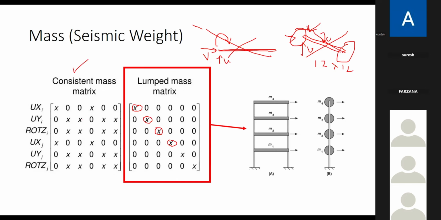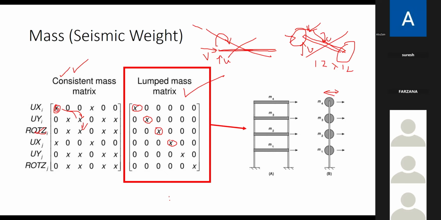What the consistent mass is saying is that the mass effect will also come to this node. Because of the mass in the X direction, the mass in the Y direction will also come and sit here. This is the more accurate method. But in case of seismic load, since we are considering only the x-axis, lumped mass is enough.